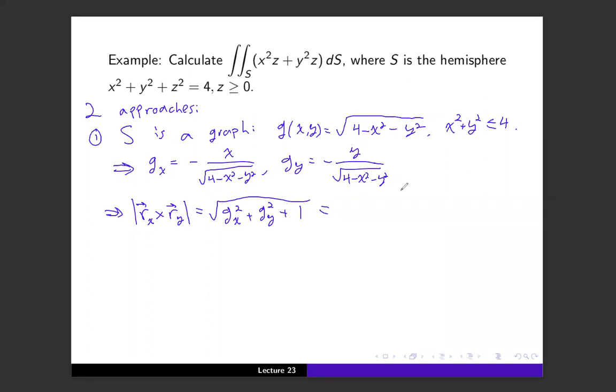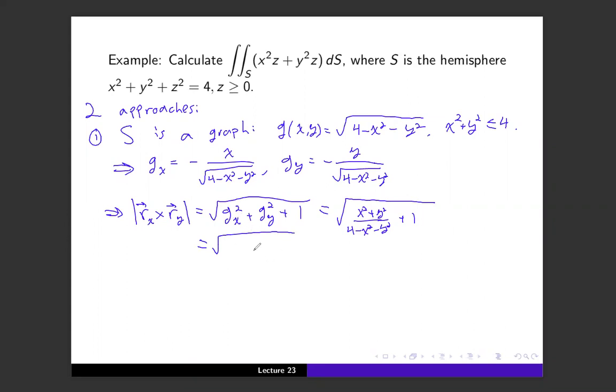Or in other words, this comes out to the square root of x squared plus y squared over 4 minus x squared minus y squared, plus 1.